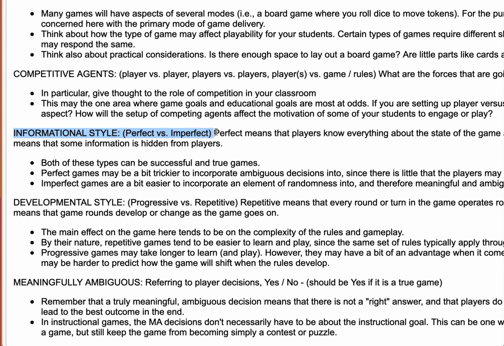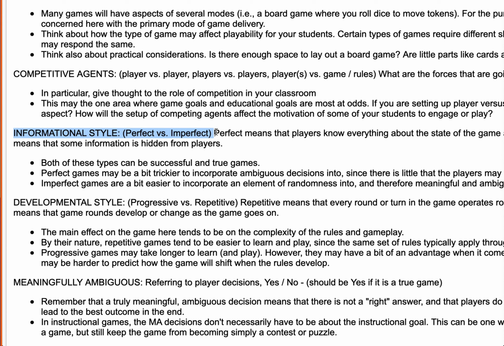The one thing I will say, though, in relationship to our definition of a game, is that imperfect games can be a little easier to incorporate meaningfully ambiguous decisions into. It's a little harder to set up a game where decisions are truly ambiguous if everybody knows everything about the state of the game.